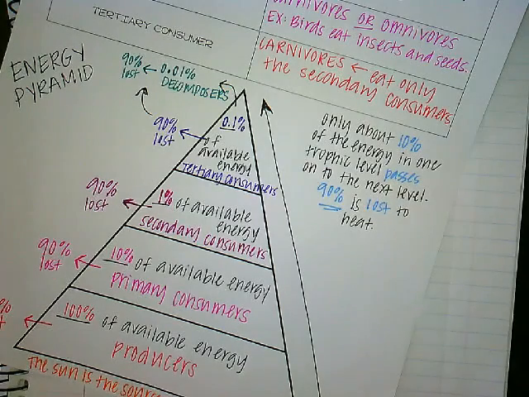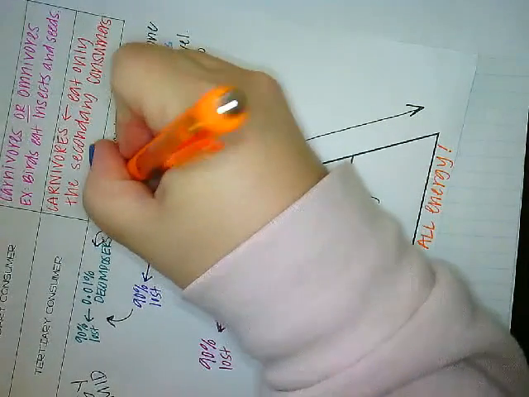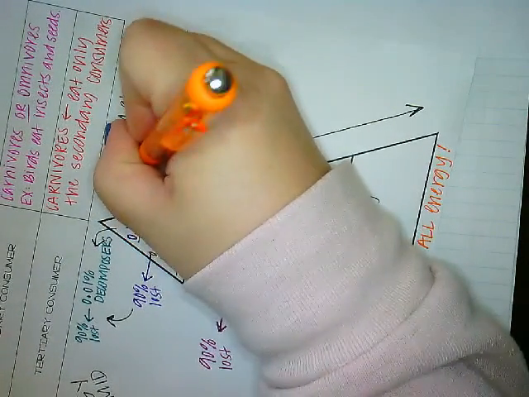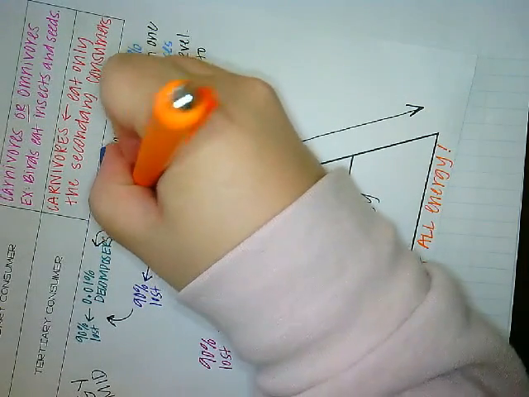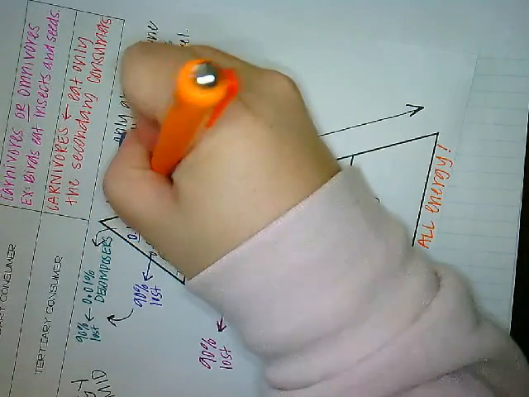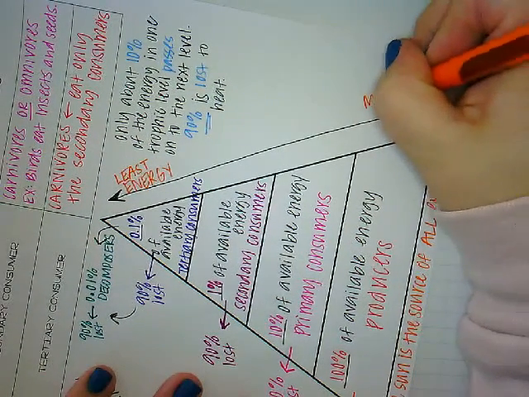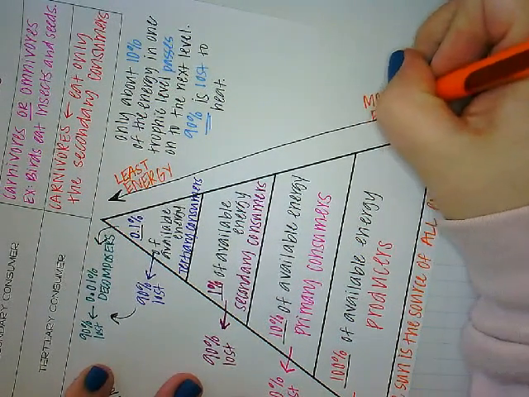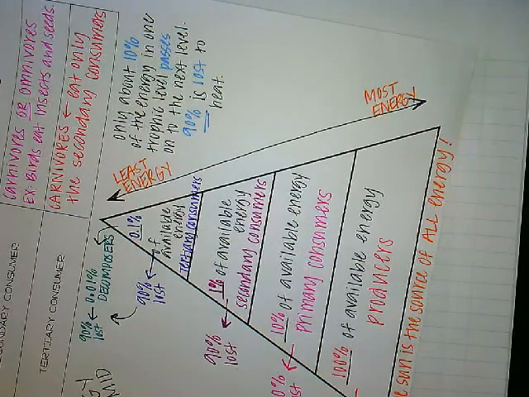And this kind of shows where you have different levels of energy. So if we turn it to the side so we can write, this is your least amount of energy up at the top. And this is your most energy.